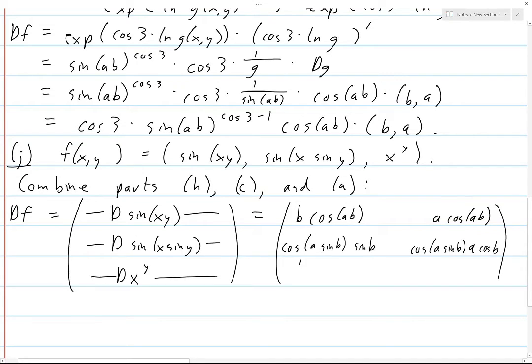Then finally, the last one we're just going to have b over a times a to the power of b, and we have a to the b times natural log of a. Because we're just basically combining the results from previous parts of this exercise. And there we go. That's how we figure out the derivative of f.